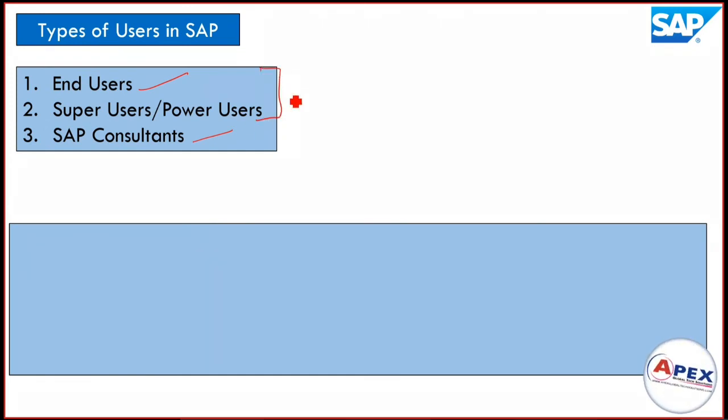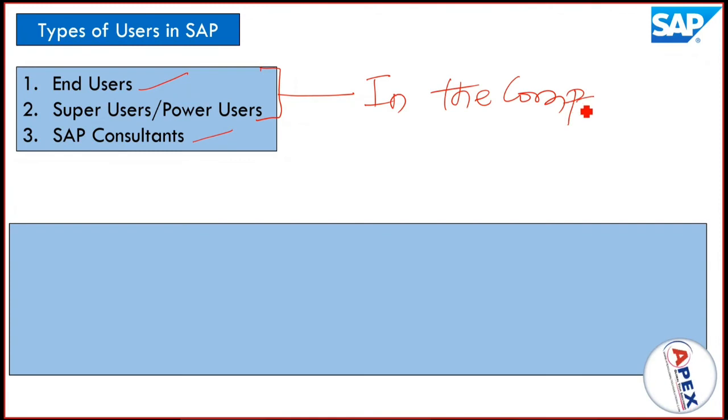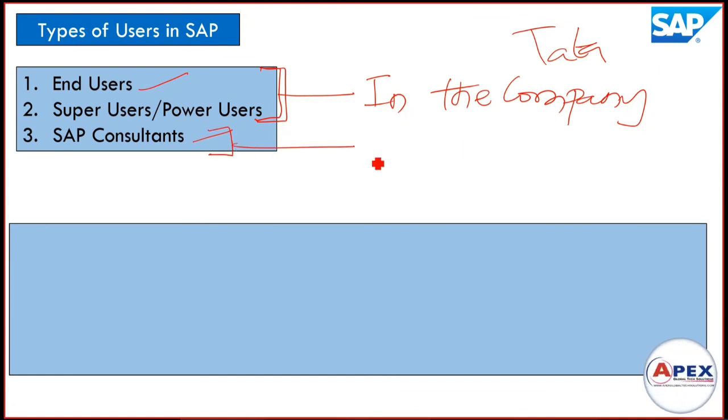The end user will work in the company. In the previous class I told you Tata Motors has implemented SAP software. At last, they are going to use the SAP consultant, who works in the consultant's office, like Infosys.